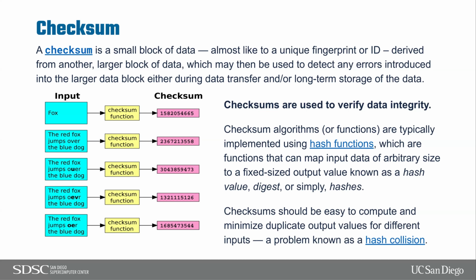So what is a checksum? A checksum is simply a block of data that is derived from a larger block of data. It's almost like a unique fingerprint or ID for a piece of data, or in this case, a file.